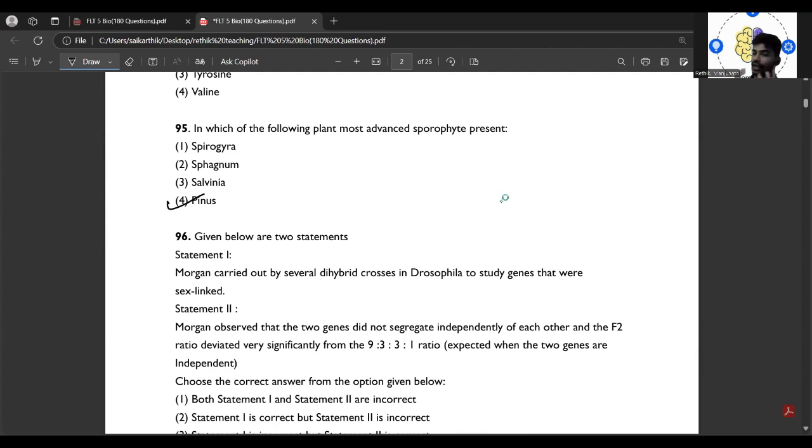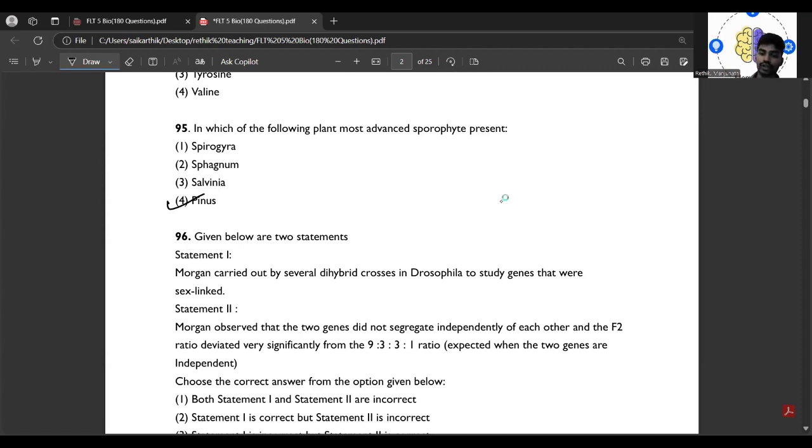As we move from algae to the angiosperms, the sporophytes become gradually more advanced. Spirogyra belongs to the algae, Sphagnum belongs to the bryophytes, Salvinia belongs to the pteridophytes, and Pinus belongs to the gymnosperms. So gymnosperms have the most advanced sporophyte.